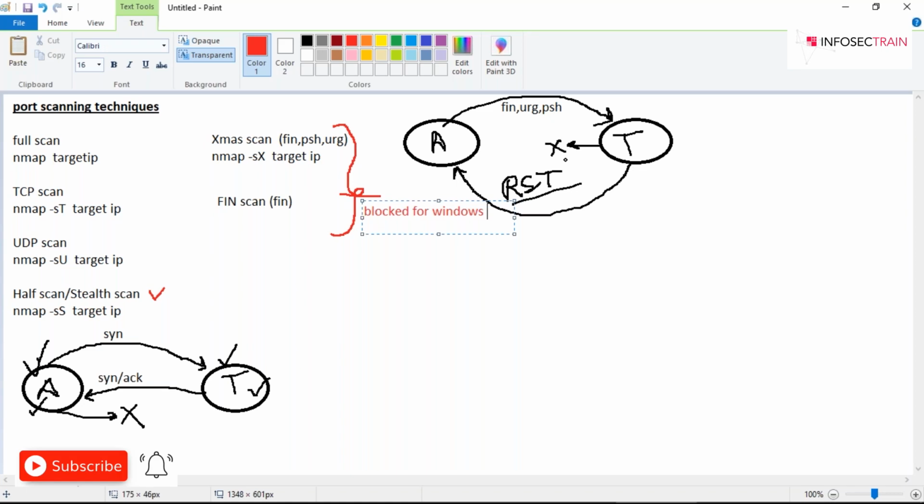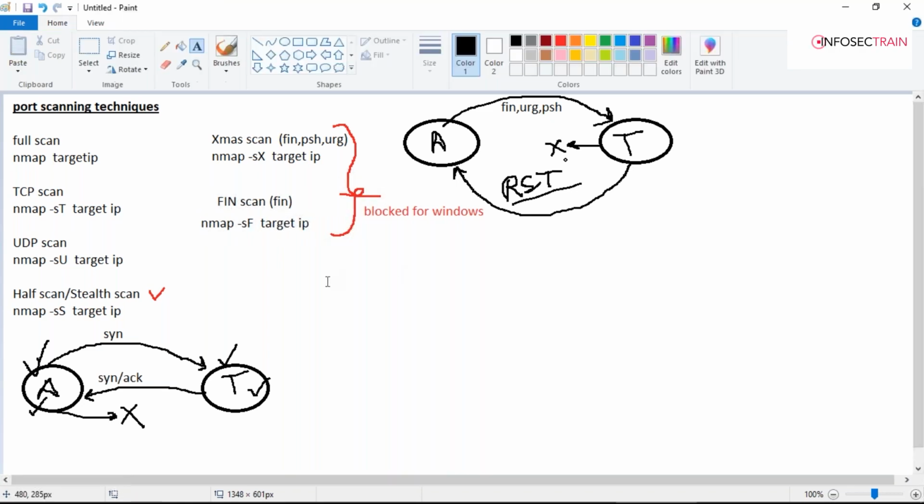That's why I told you it's blocked for Windows. The syntax for FIN scan is nmap -sF and target IP.